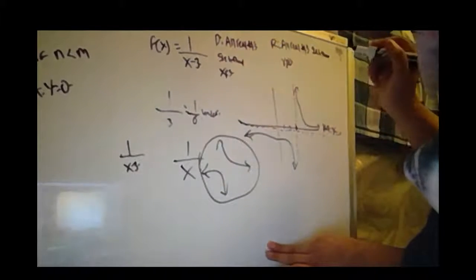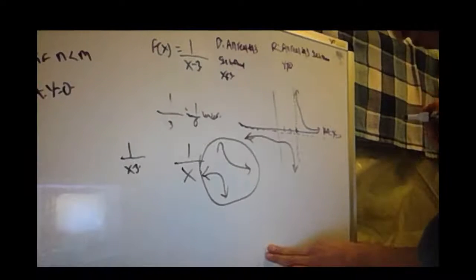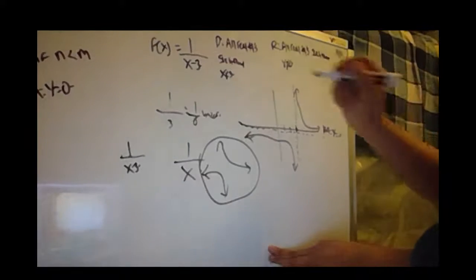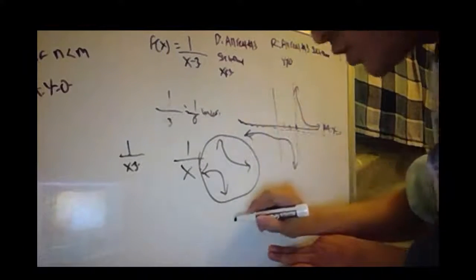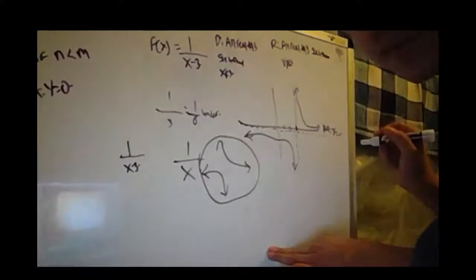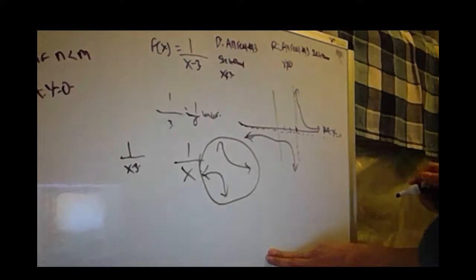Now, if they want you to write it in interval notation, you can do something like this. This is going to be a little bit tricky because this is where we include the union symbol. When you are finding the domain of a rational function, this is something they teach you, I believe, in pre-calculus. At least that's how it was for me in high school.